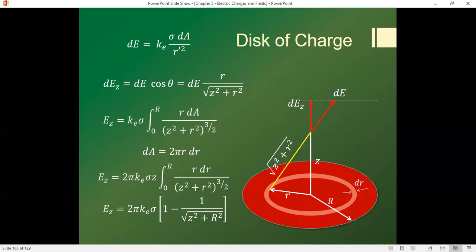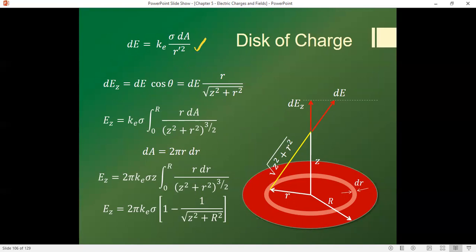We're going to go back to the ring of charge, which we did earlier. Now what we are going to do is take ever expanding rings and integrate from a ring of small radius to a ring of some radius, big R. Here's where I start from.